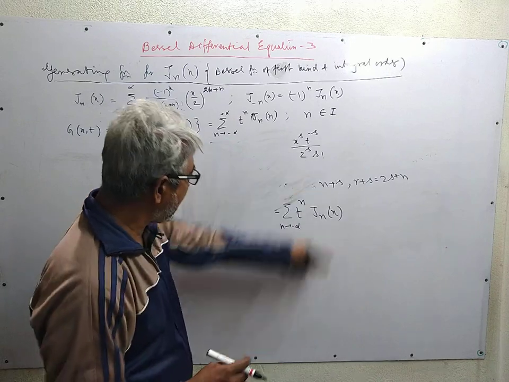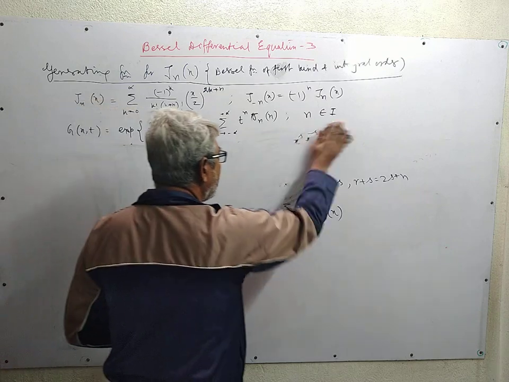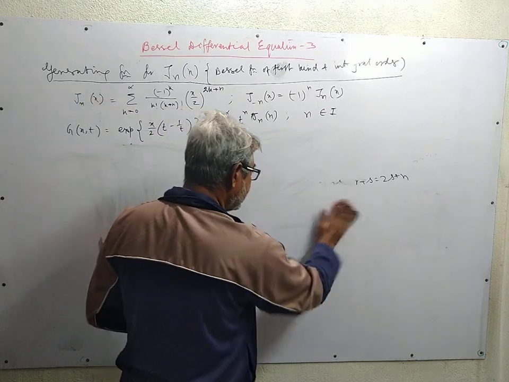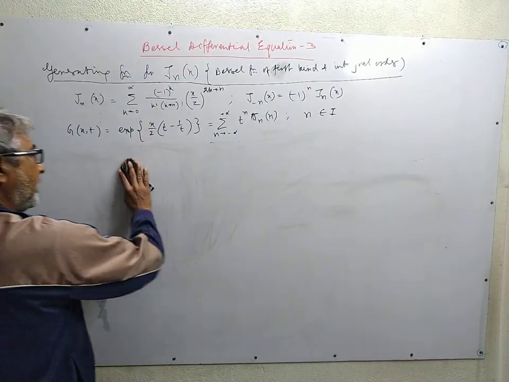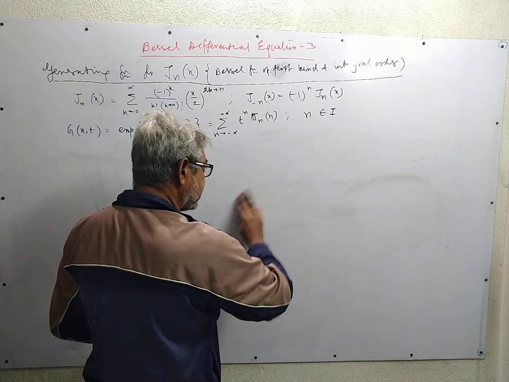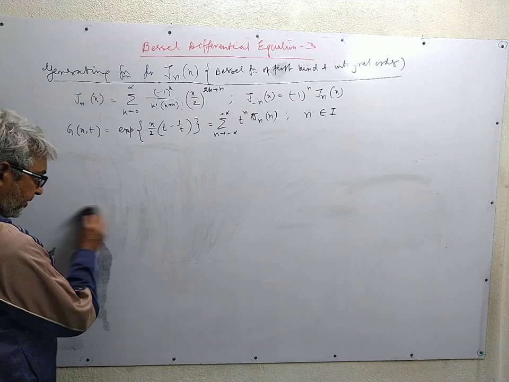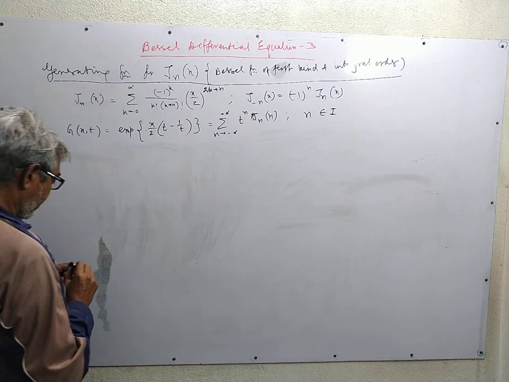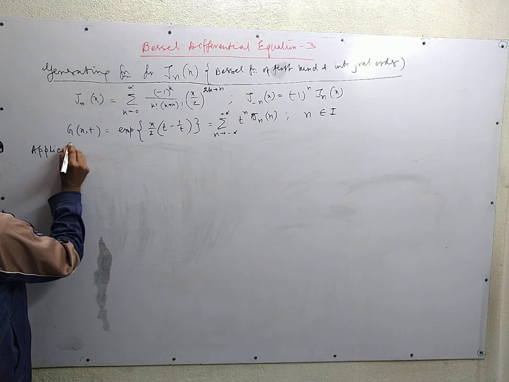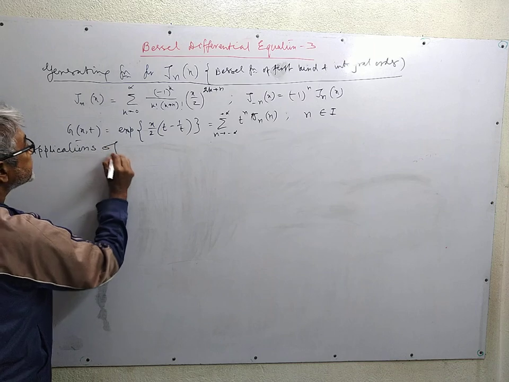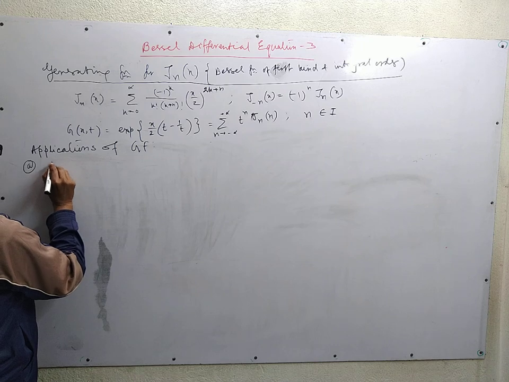That is, if we have two arguments, two variables x and y, and we want to express Bessel function of a particular order of argument x plus y, this can be done as a combination of Bessel function with argument x and a Bessel function of argument y. This is known as addition theorem. So, applications of generating function, one is addition theorem.